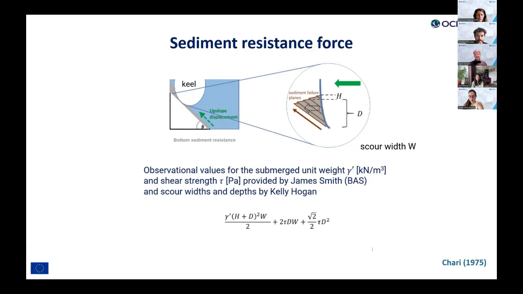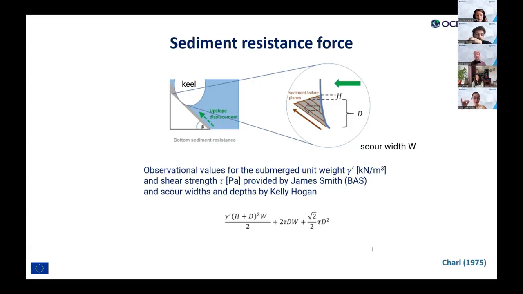And we are lucky because we now have observational values that are typical of the sediments and the scours in the region. Our colleague James Smith from BAS has given us values characterizing sediment samples from the Amundsen Sea. We know the submerged unit weight, which is like the density of the sediment, and the shear strength of the sediment in the region. And Kelly Hogan, again from BAS, has provided sonar data on the scour widths and depths.